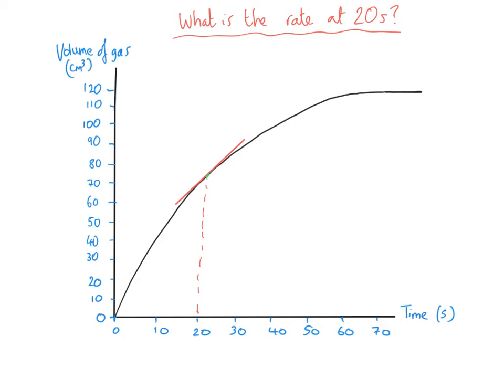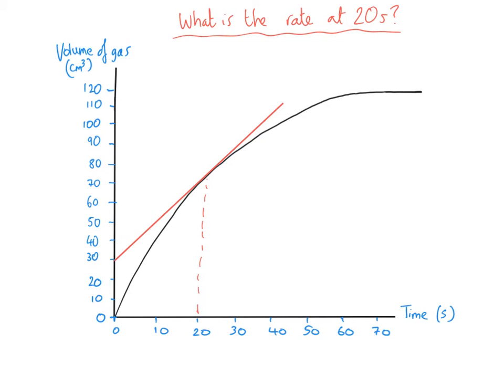So what I'm going to do is get rid of that tangent and put in another one instead. Now, I like this one better for two reasons. First of all, it's bigger, and so it's a lot easier to read. And the second reason I like it is more significant, and that is that it meets the y-axis, and that makes it really easy to use. Let me explain how you use a tangent.